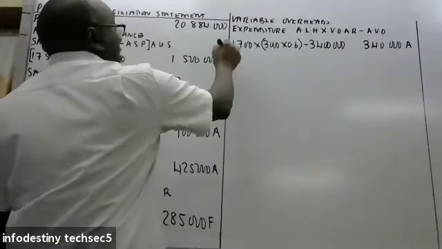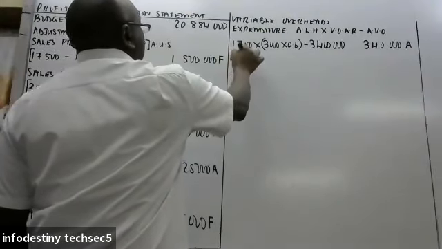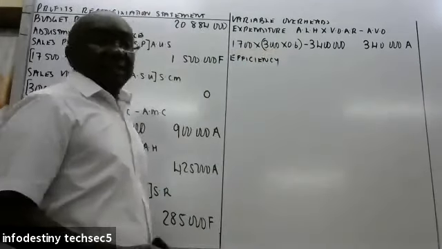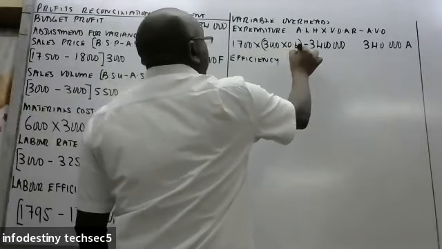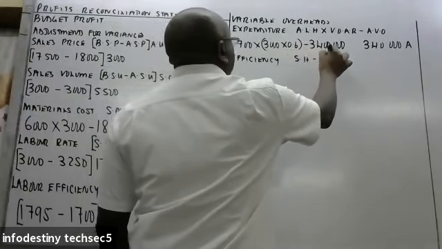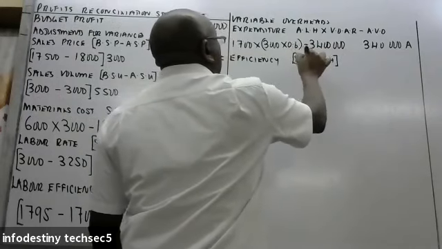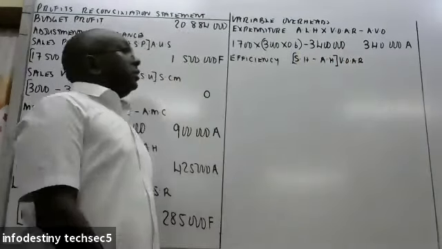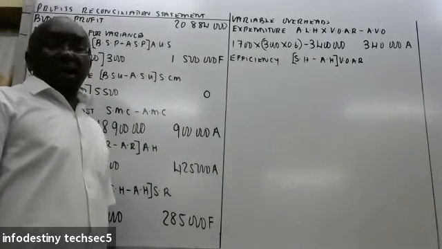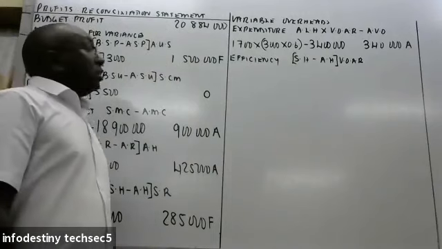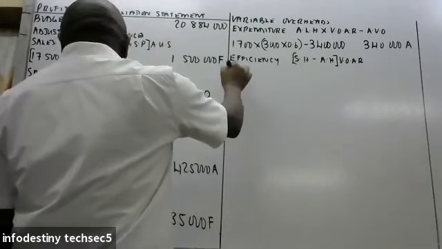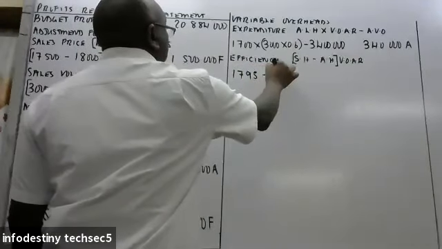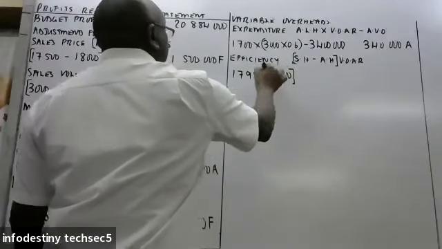We proceed to the next one, which is called efficiency. For the efficiency, the formula is standard hours minus actual hours, multiplied by VOAR. So the standard hours, we already know they are 1795. The actual hours, 1700.